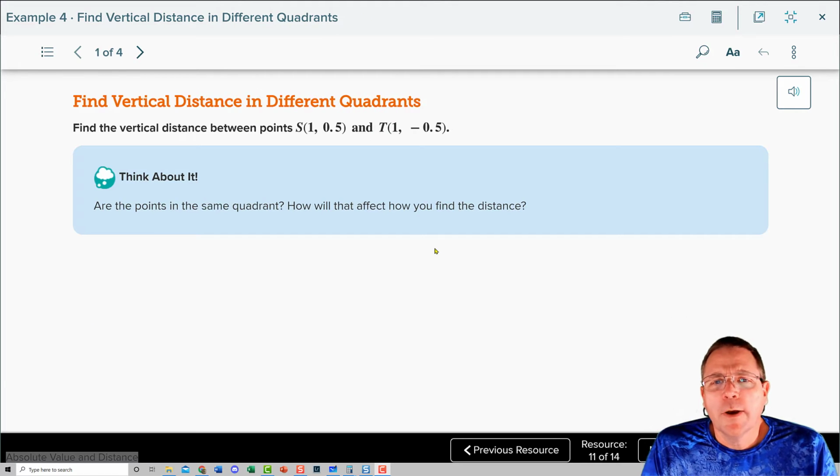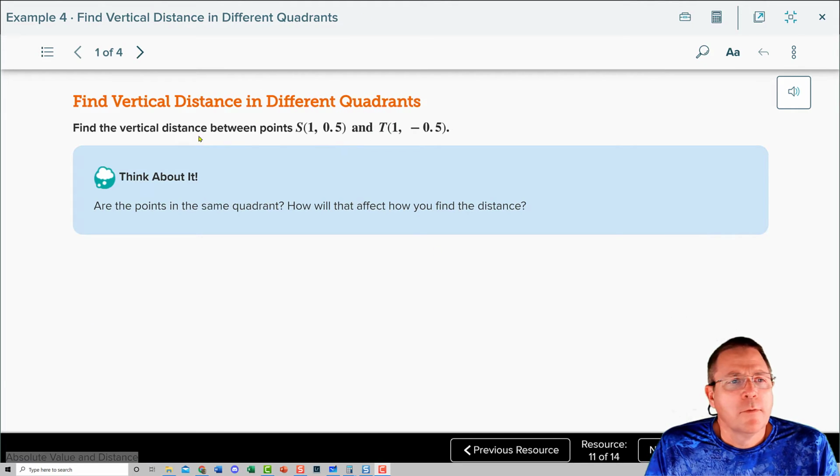Now we're going to look at finding the vertical distance between points of 1 and 0.5 and 1 and negative 0.5. And this time you've got 2 points that are in different quadrants. You know they're in different quadrants because the signs of at least one of the values, the x's or the y's, are different.